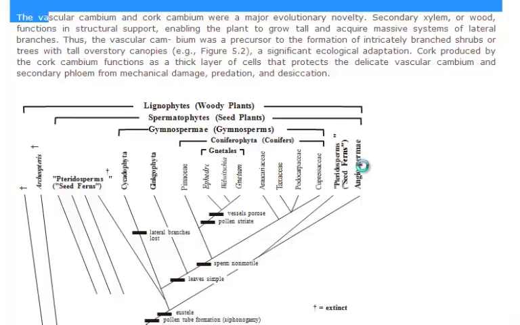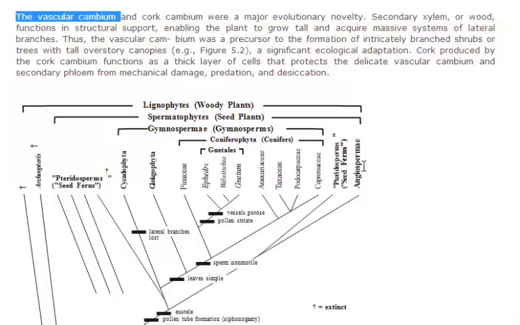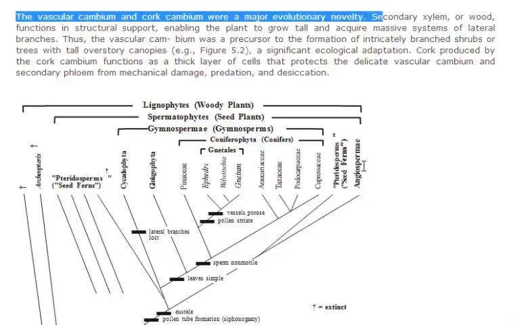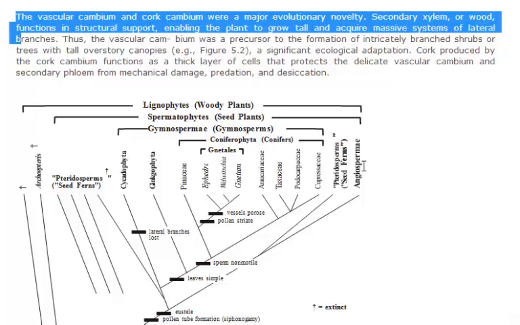The vascular cambium and cork cambium were a major evolutionary novelty. Secondary xylem, or wood, functions in structural support, enabling the plant to grow tall and acquire a massive system of lateral branches.